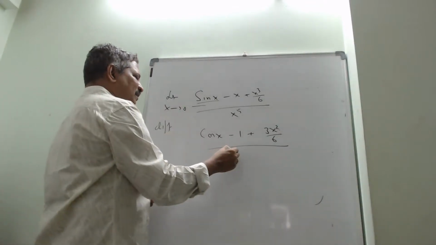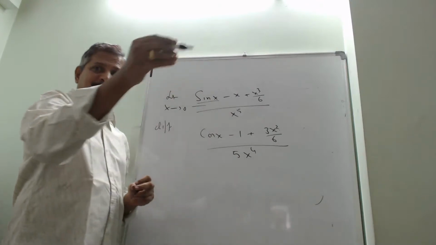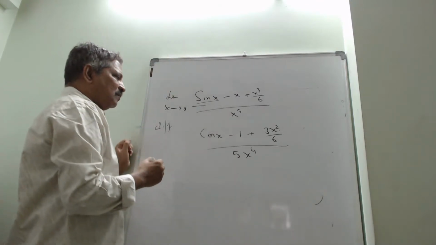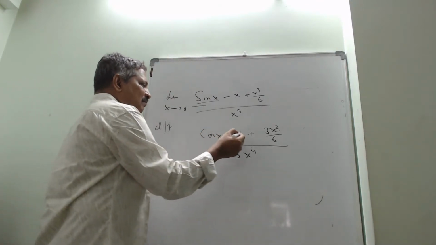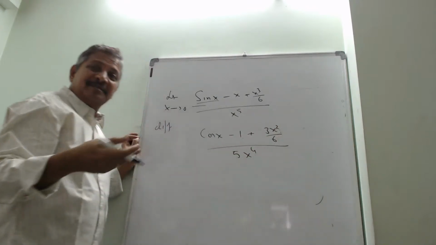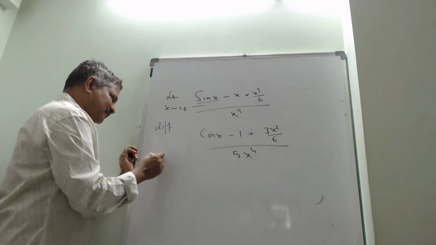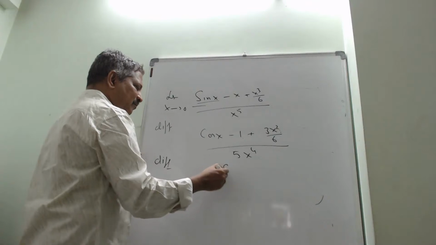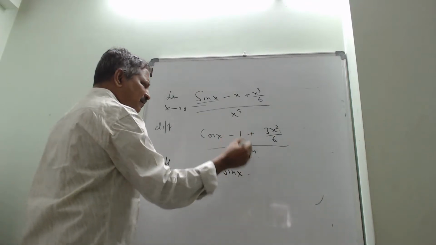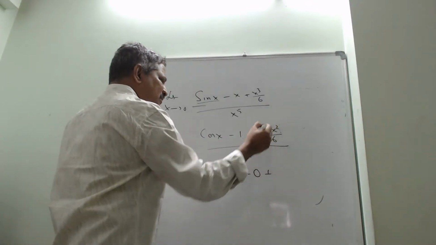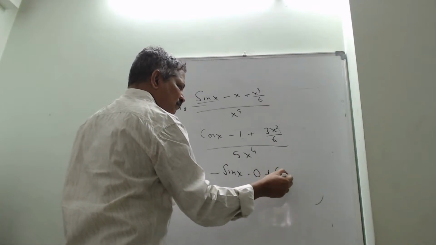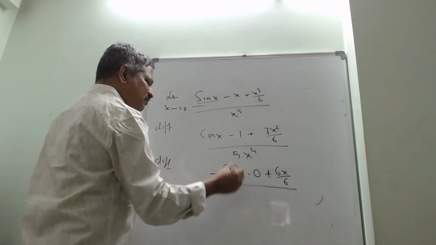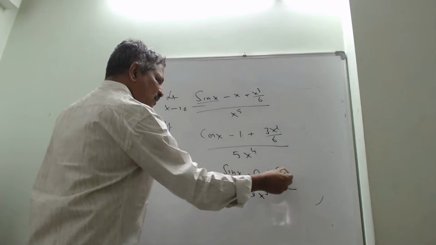Derivative of x power 5 is 5x power 4, using n into x power n minus 1. Now again cos 0 is 1, 1 minus 1 is 0, again 0 by 0. Another time differentiate: cos x derivative is minus sin x, derivative of 1 is 0, 3 into 2 is 6x by 6, and by 4 into 5, 20x cube. This 6 will go.